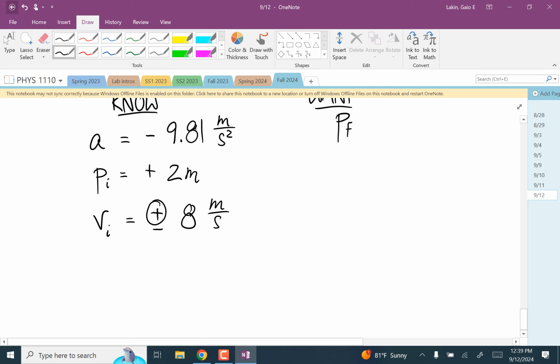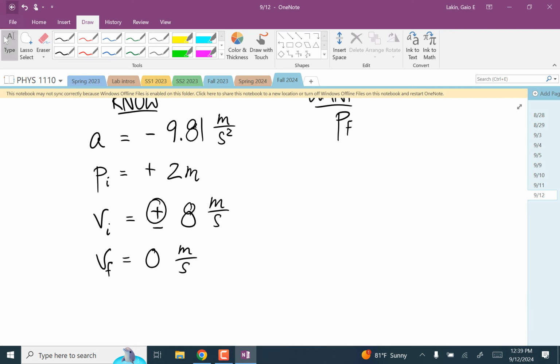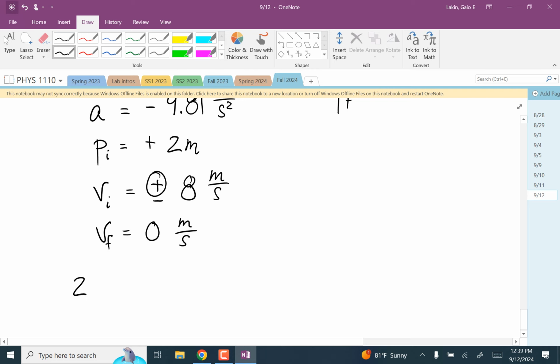And then the last one, the thing that you always use in any question about the highest point: what's the final velocity? 0, yep. There's only one equation that could possibly work because we don't know time and we're not trying to find time. And so hopefully this one works. Otherwise, we're going to have to go back and find another variable.